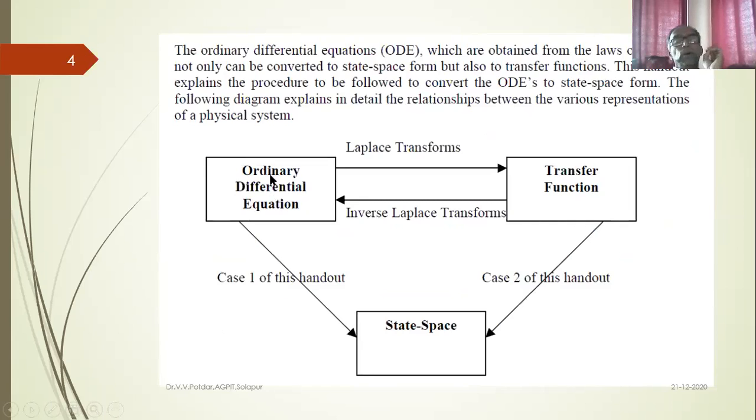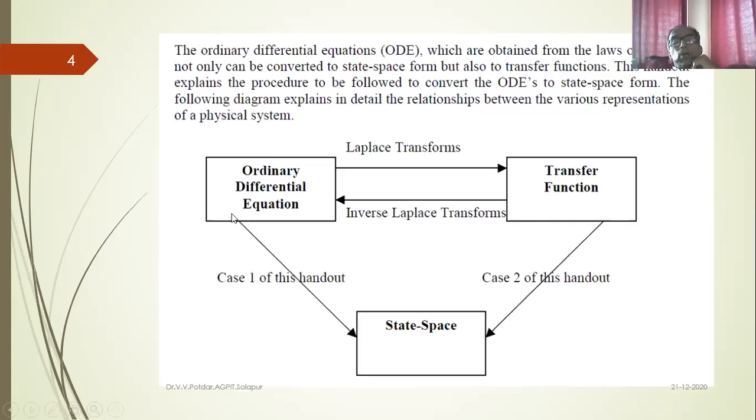So what we do: for an ordinary differential equation, we take a Laplace transform, converting the time domain equation to a Laplace domain or s domain equation, and take the ratio of output by input to get the transfer function of that system. From that transfer function, if I take the inverse Laplace transform, I can get the time domain equation or the time domain solution.